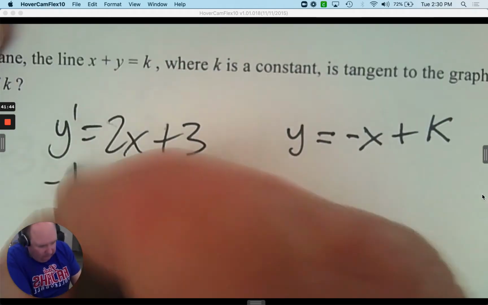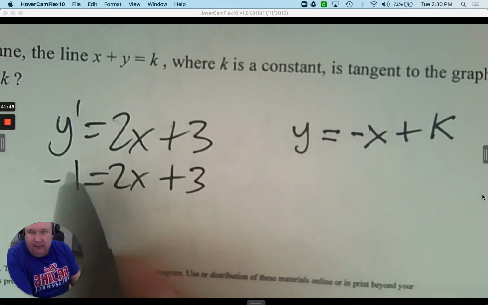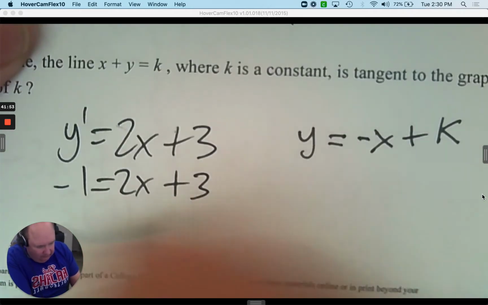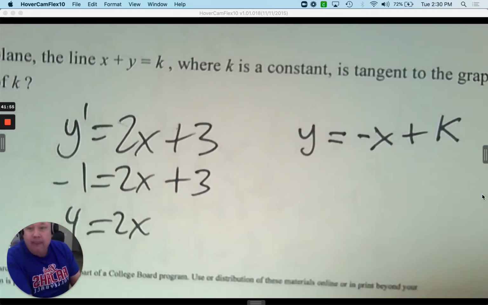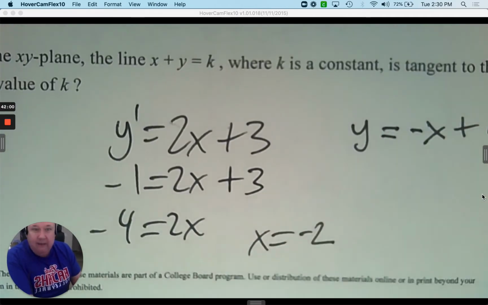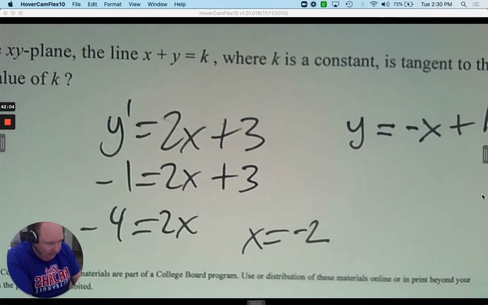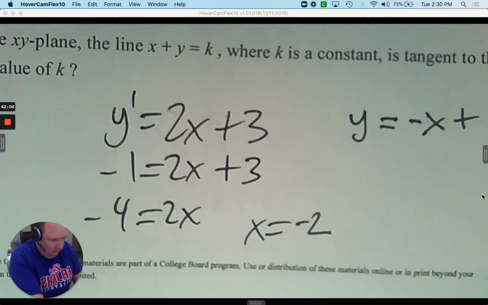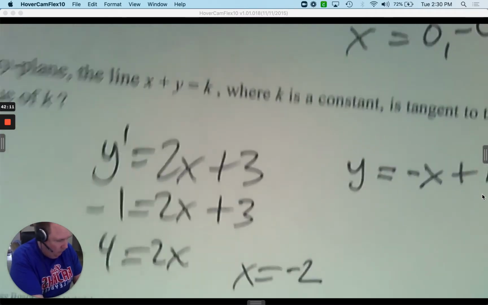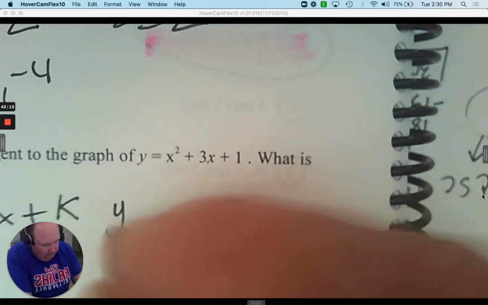That's what m is. So if that's the case, take the slope and make it equal to negative 1. To get x by itself, subtract 3, divide by 2. I get x to be negative 2. So if x is negative 2, then you can come back here to find the y value.